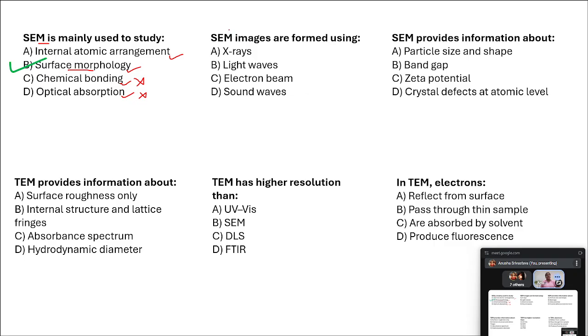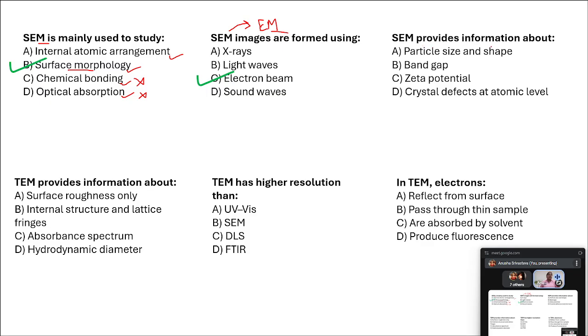So the next is, SEM images are formed using. We have seen that scanning electron microscopy is a kind of electron microscopy, right? So the answer is obvious, it would be electron beam. These are very basic questions. The purpose of putting them here is to revisit the topics we have discussed at a very basic level, by doing simple questions.